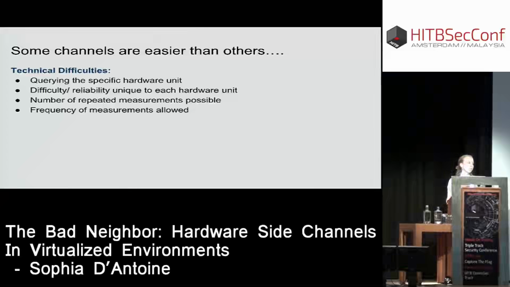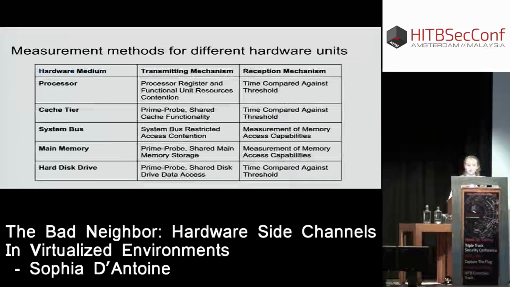For instance, using the CPU's pipeline, you actually can't introspect into it, right? Because if you wrote some instructions that introspected into the pipeline, you'd be changing the state of the pipeline itself. So you have to come up with more roundabout ways to make measurements of harder side channel units.